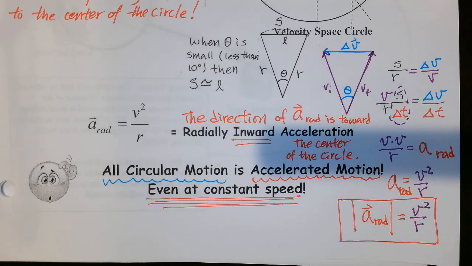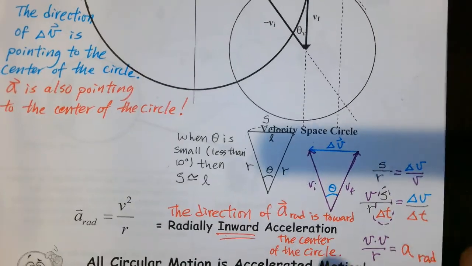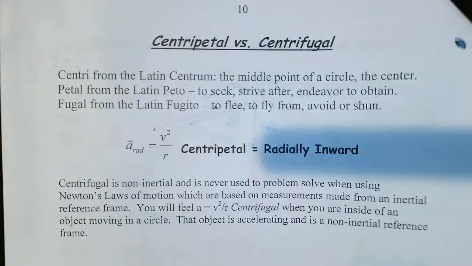All right. So now let's take a look at the difference between radial acceleration and similar radial acceleration, but one is going to be going into the circle, another one's going to be going out of the circle.